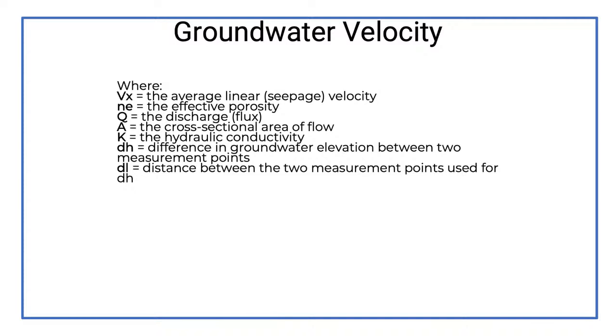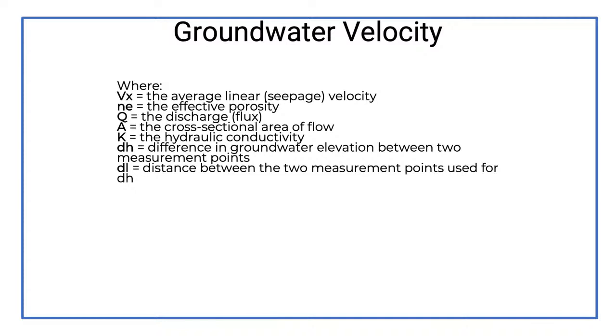This is the average linear or seepage velocity, you'll hear it called. We take into account the effective porosity, the flux or the discharge, the amount of water flowing through there, the cross-sectional area of the aquifer, the hydraulic conductivity once again, and the groundwater gradient, which is dH divided by dL, and that gives us our average linear velocity.